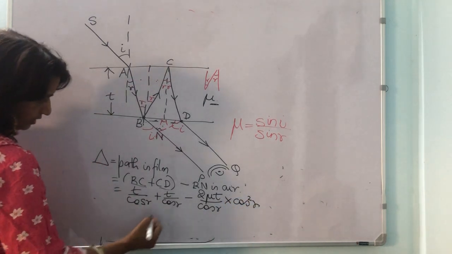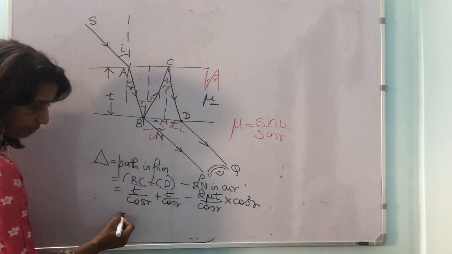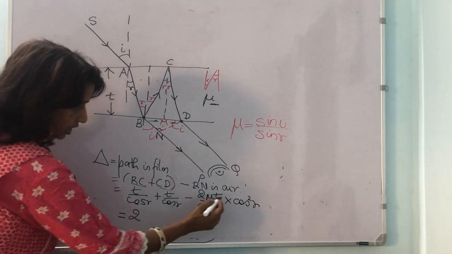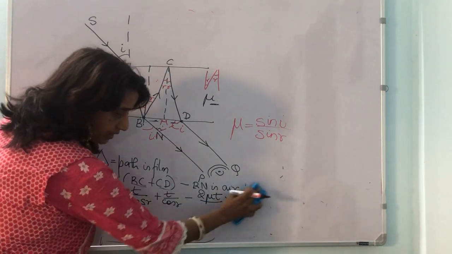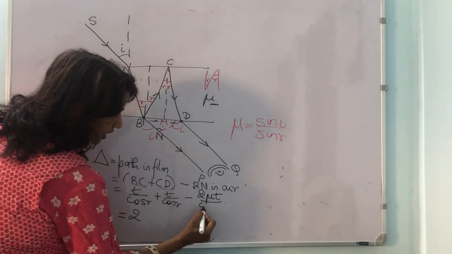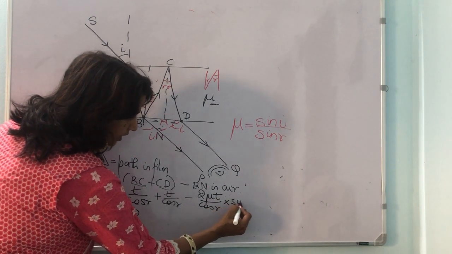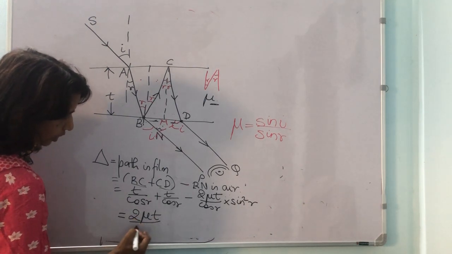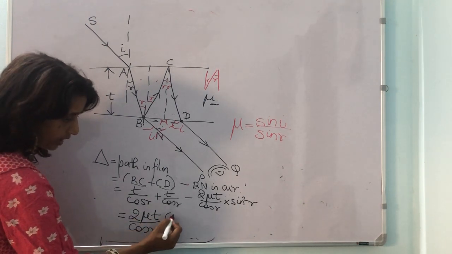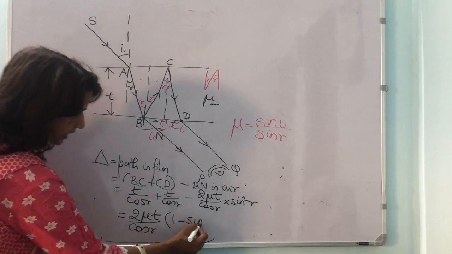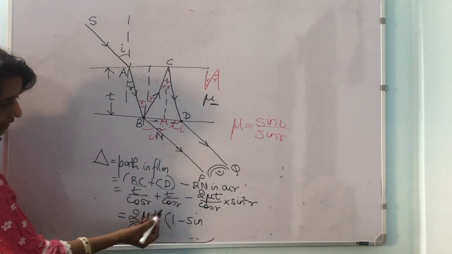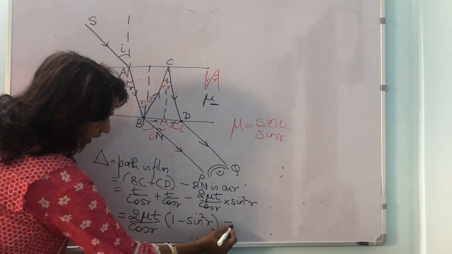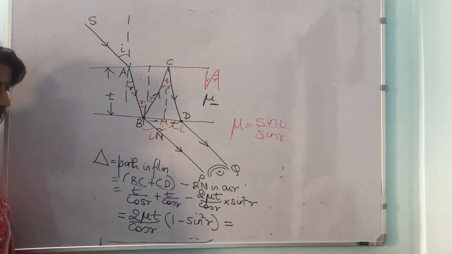So you can make this further simple. This is 2 mu T upon cos R into sin square R. Now take 2T upon cos R out common, and you are left with 1 minus sin square R, and 1 minus sin square theta is equal to cos square theta.